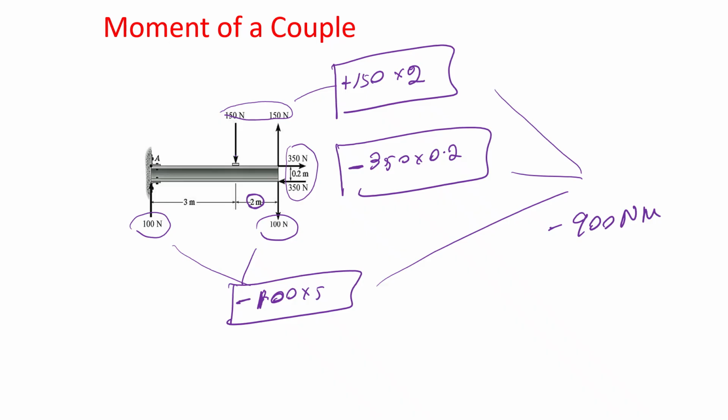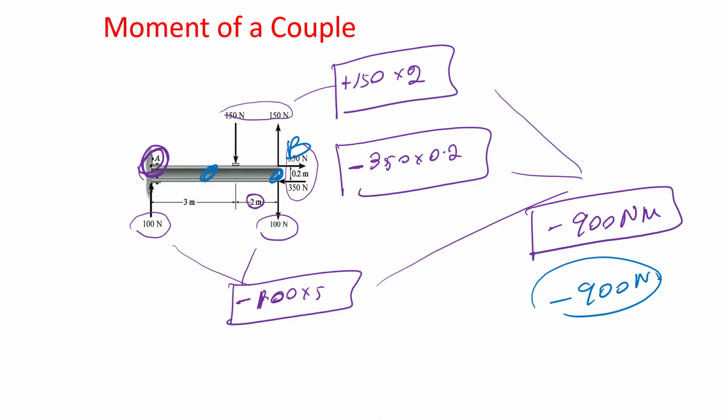So if I ask the moment of all these 6 forces about A, what is the resultant moment? If you find all the 6 moments and add them together, what should it be? It is negative 900. If I ask you to find the moment about this point B, it's still negative 900. If I ask somewhere here, it is still negative 900.